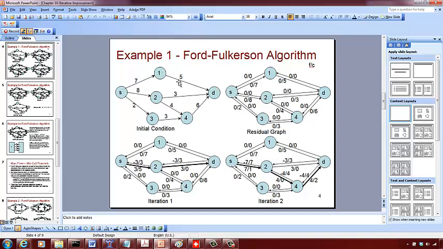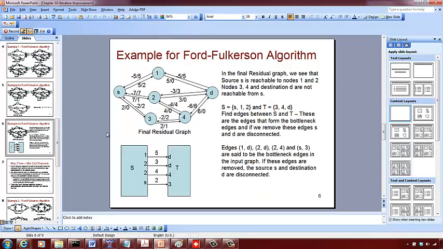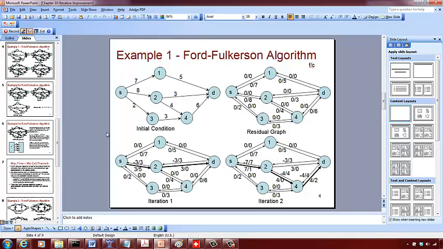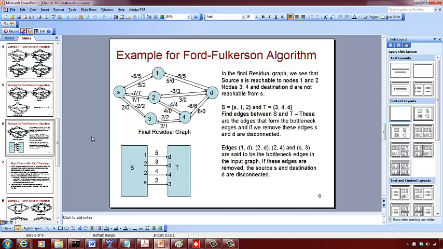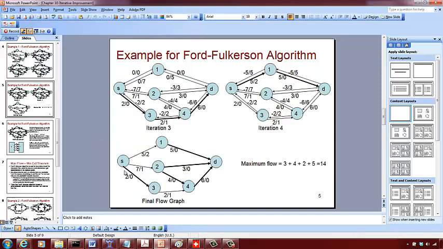From 1 to D you have 5, and then from 2 to D you have 3. So all these 4 edges are between S and T.